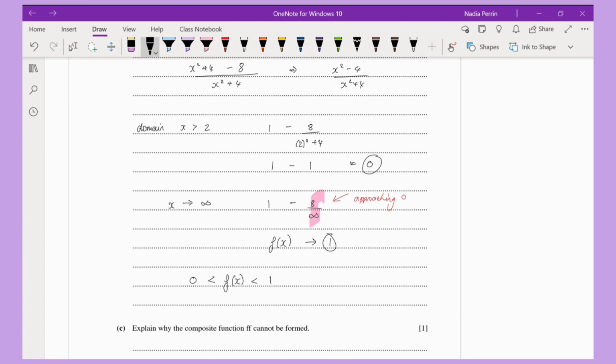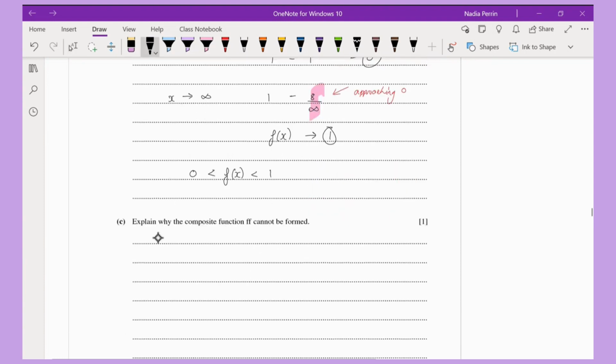Right, the final question. Explain why the composite function ff cannot be formed. One of the key things we need to remember with domain and range is that they restrict what we're allowed to put in and what can come out of a function. When we look at the original function, it said that x had to be greater than 2, and we know that what comes out of that function is numbers between 0 and 1. We can see that these numbers are not able to be put back into the function again.